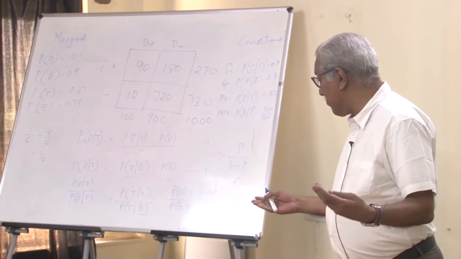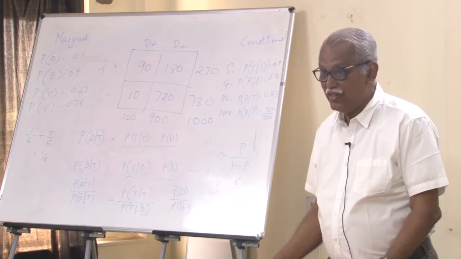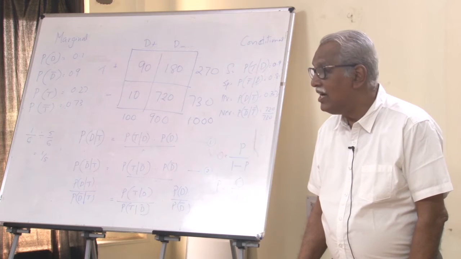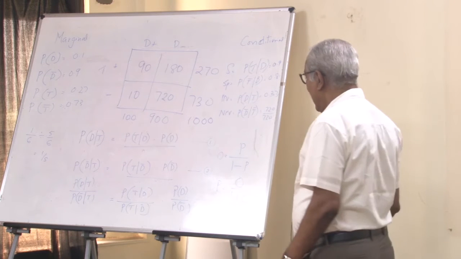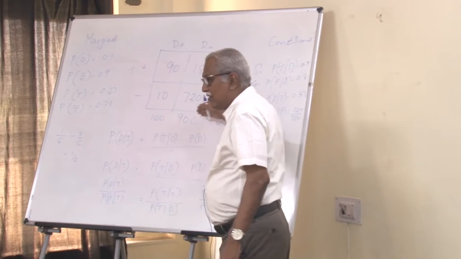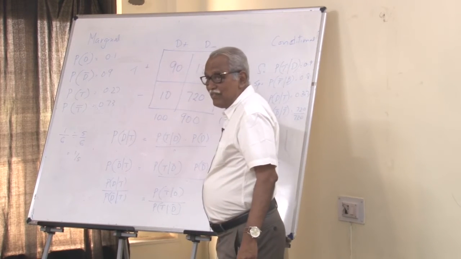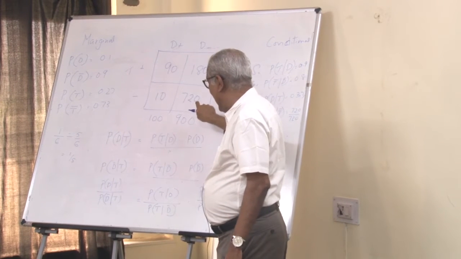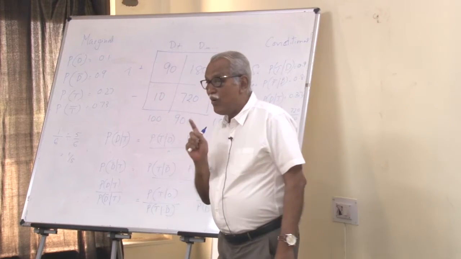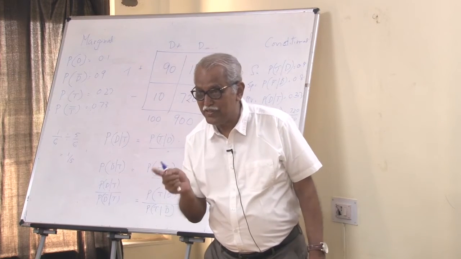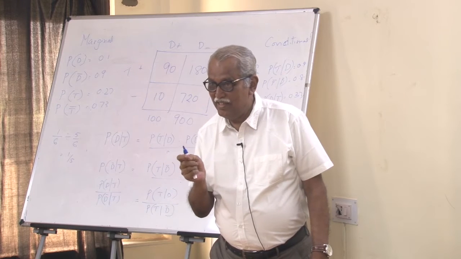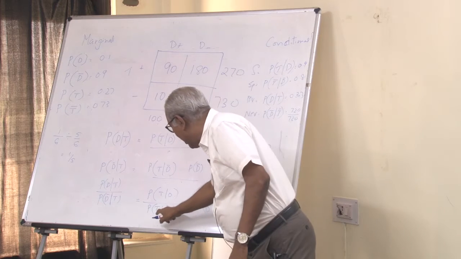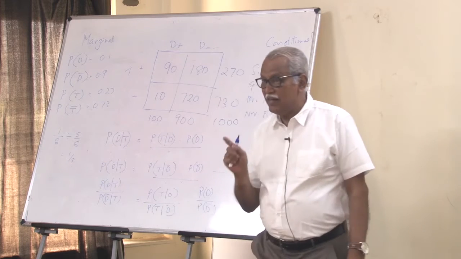Probability of the test being positive when there is no disease. Here there's no disease, but the test is positive. This is equal to 1 minus specificity. Are you with me? That equation is equal to 1 minus specificity.